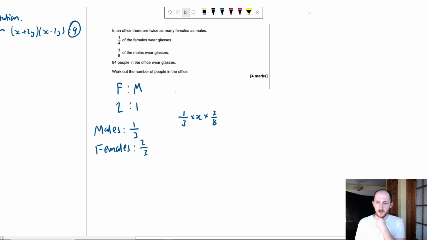So 1/3 of the total would give you how many men, and then times 3/8, because 3/8 of the men wear glasses. Does that make sense? And for the females, 2/3 of the total are women, times 1/4, because 1/4 of the women wear glasses. Does that make sense?